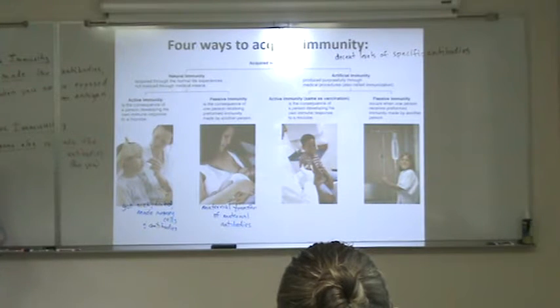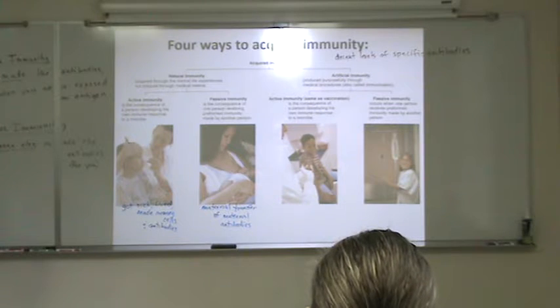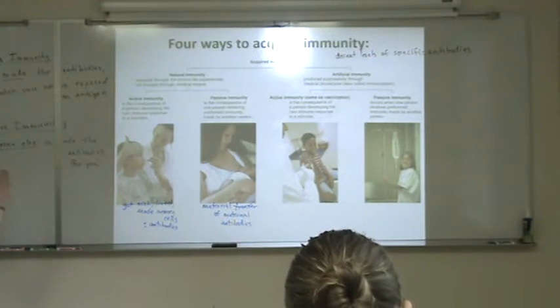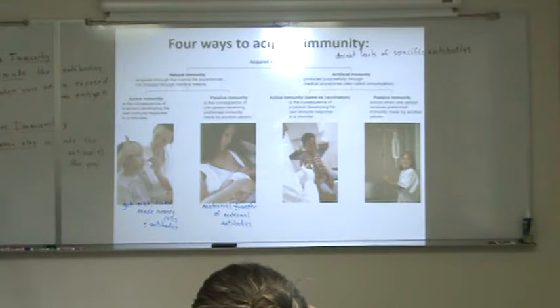So the baby has some antibodies. They really were made by the mom, and they came to the baby through nursing or through the placenta. That's natural. That could happen without medical intervention, and it does. But it's passive because the baby didn't make those.